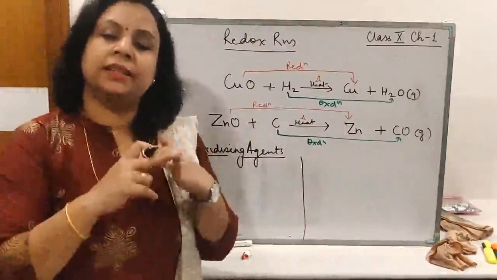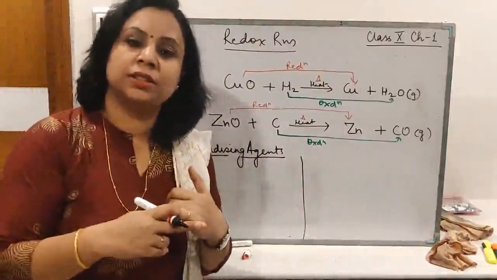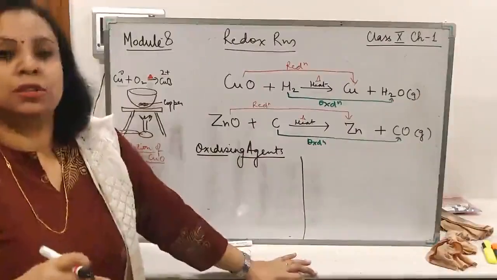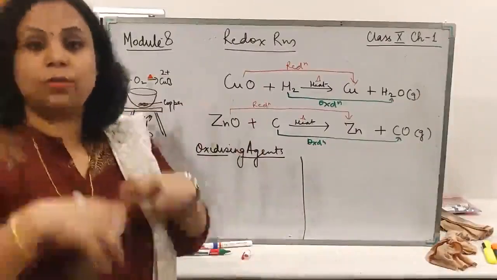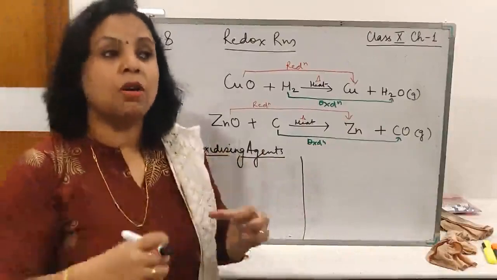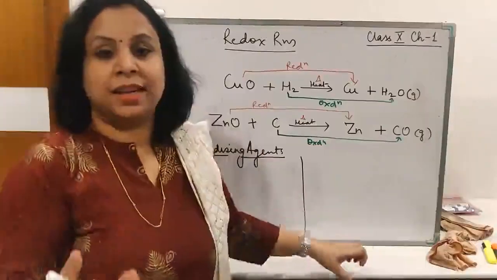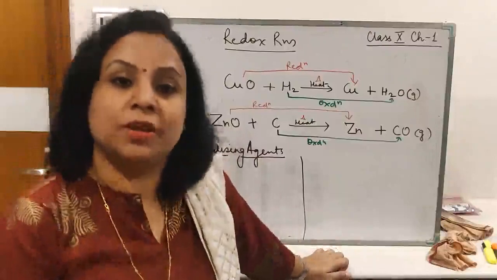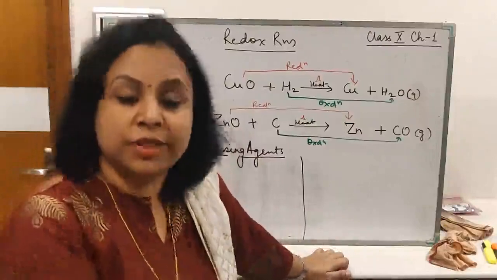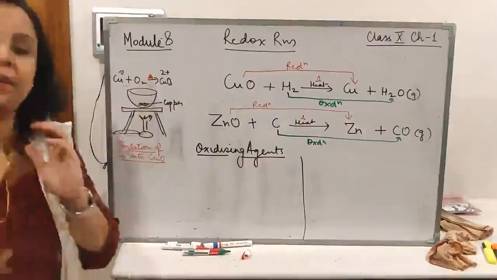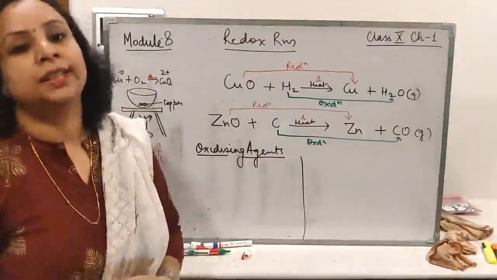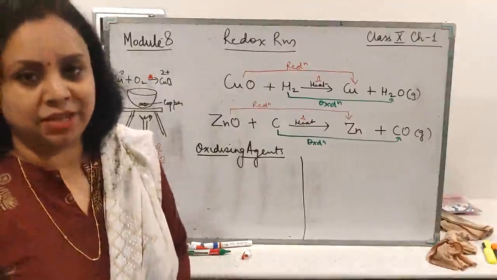That means either they are providing oxygen. Now, since oxidation is loss of electrons, that means they are ready to gain electrons. Or since it is loss of hydrogen, so they are ready to take hydrogen. So, these substances which help in the process of oxidation, they are known as oxidizing agents.